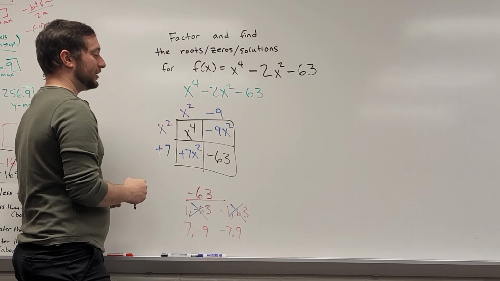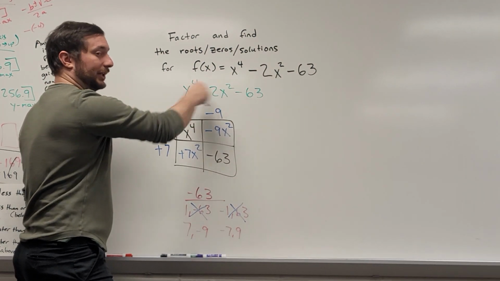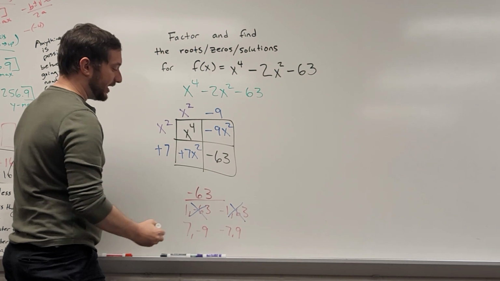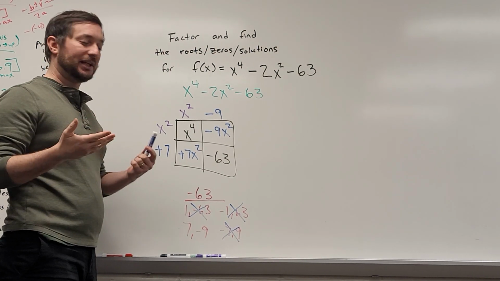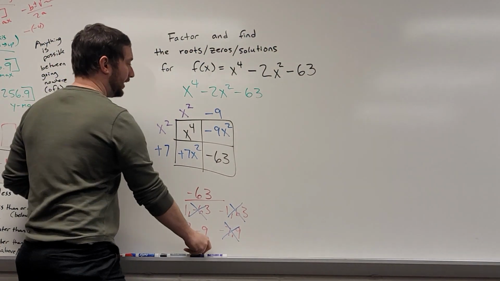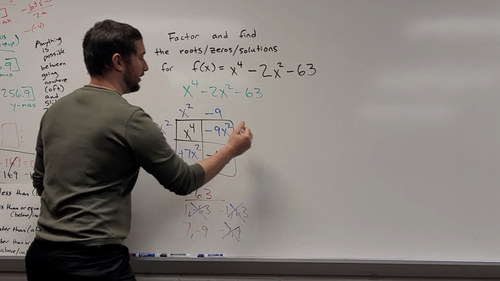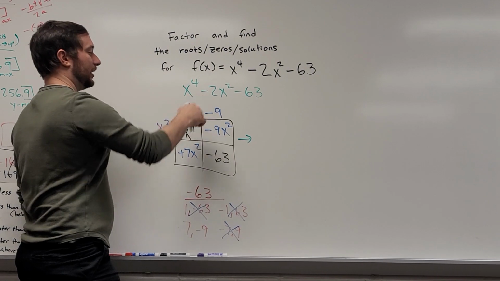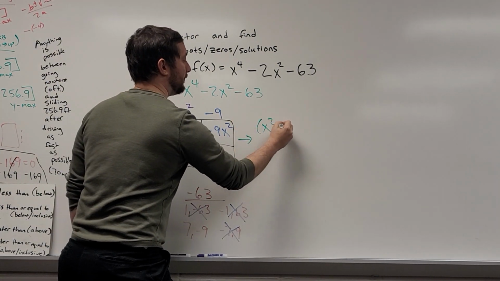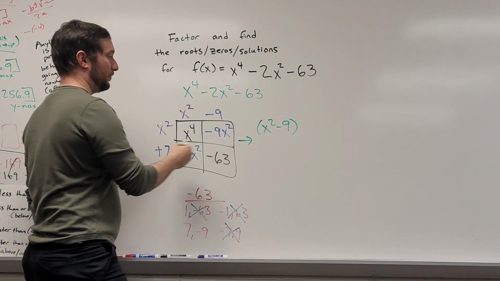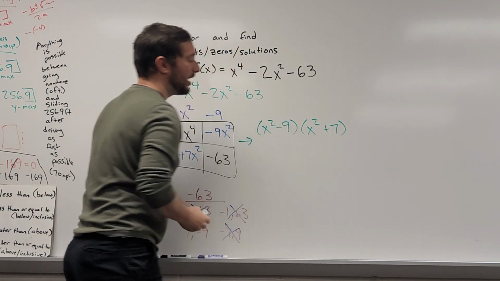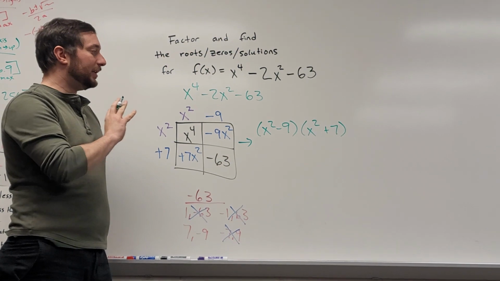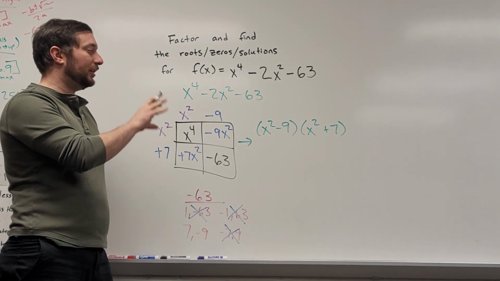The whole box does match what we started with in green, and that indicates that we have found the factorization, or the breakdown, that we are looking for. Here are the factors of the original expression: x squared minus 9, x squared plus 7. Again, these are the factors. This is the factorization initially.